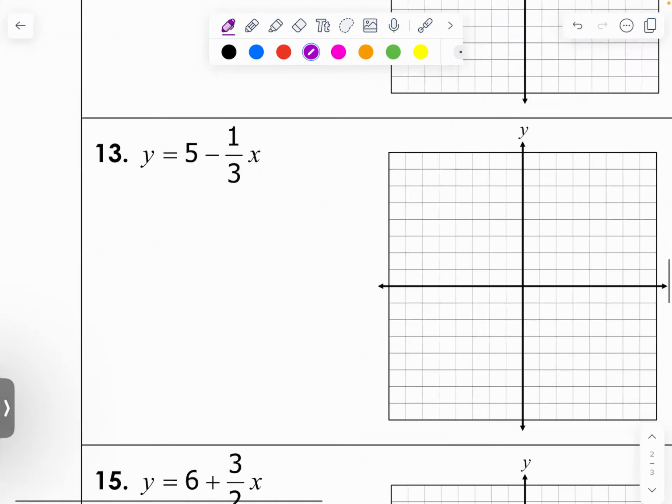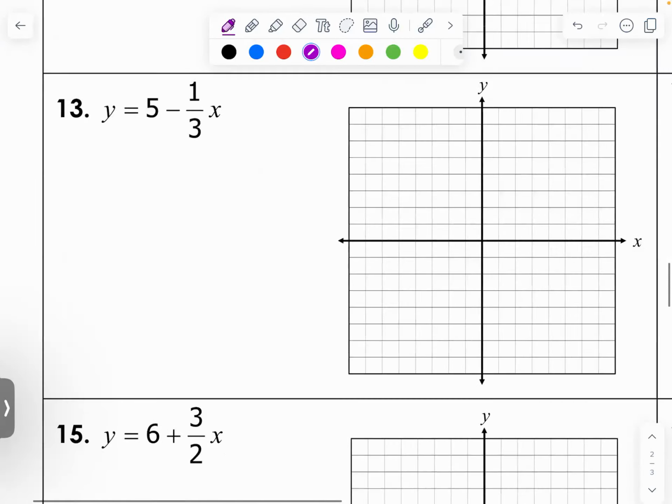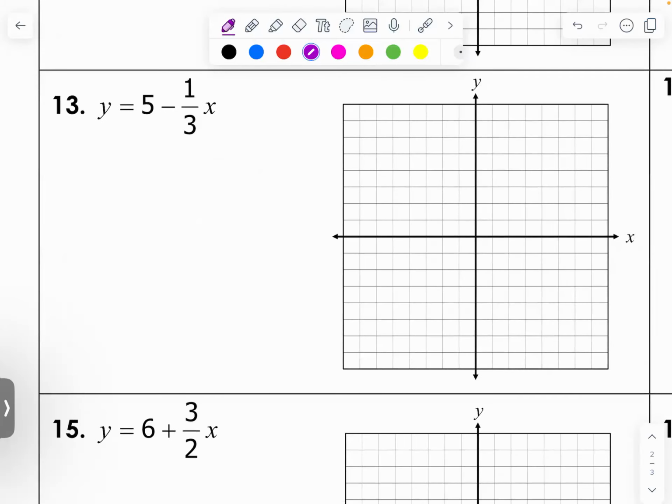Okay, but I want to go down to number 13. Why do you suppose number 13 is a problem I want to go over? Okay, Austin says it's different. Reagan, how is it different? It's flip-flopped. Does this look like y equals mx plus b? No, it does not. So let's rewrite it.